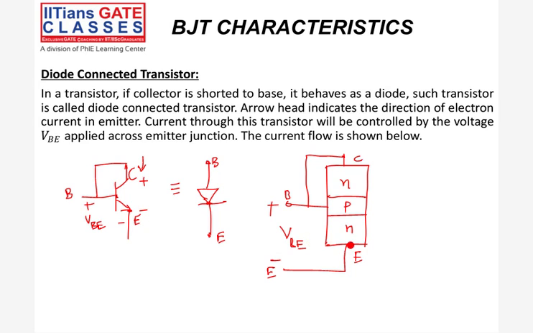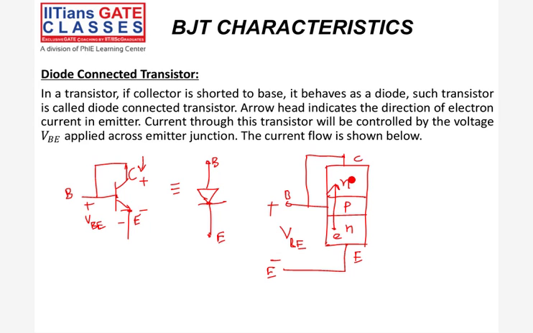I'll say like this. Here I have electrons in majority, and this is the emitter terminal. So the emitter is always supplying electrons to the other regions. Any electron which is here will move towards the collector.